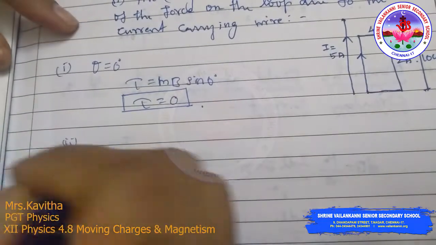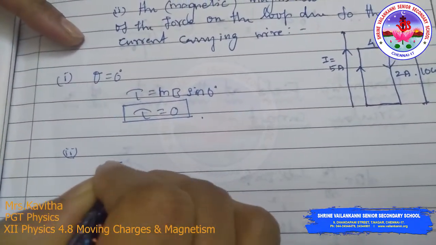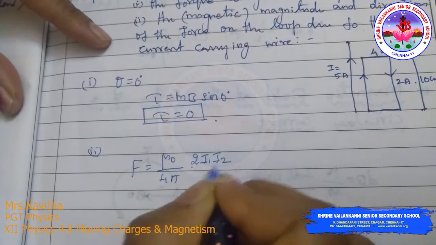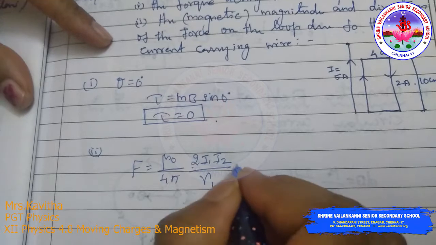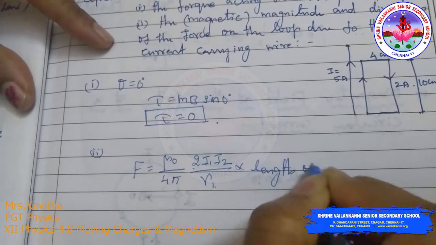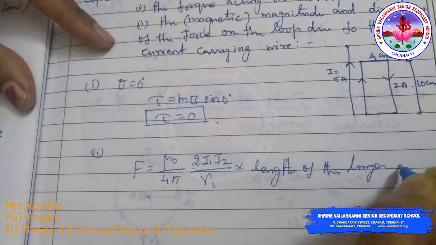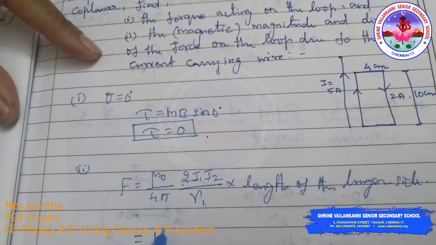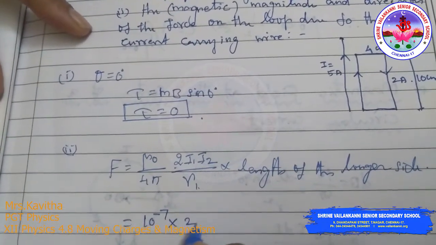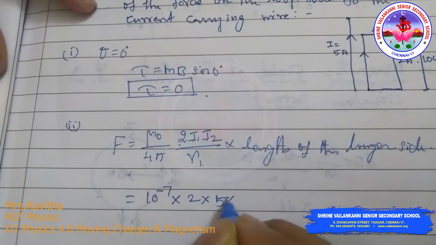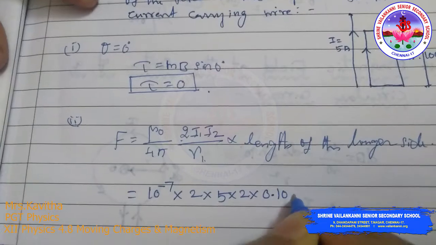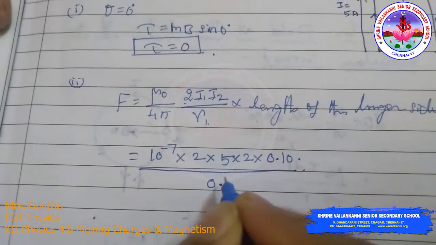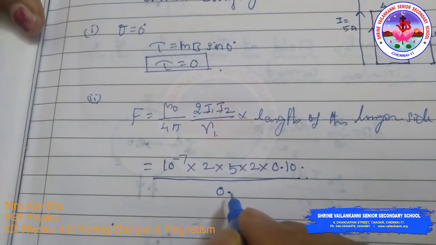For this, we know that force F is equal to mu naught by 4 pi into 2 I1 I2 by R1, into the length of the longer side also. So directly we can apply: 10 power minus 7, the mu naught by 4 pi value, into 2 into I1, they have given 5, into 2 into 0.10, divided by the R1 value they have given, which is 0.01.